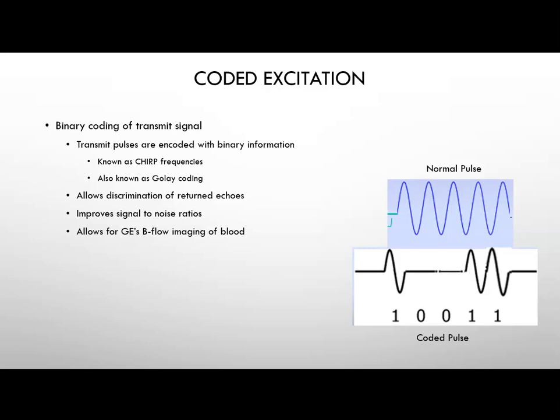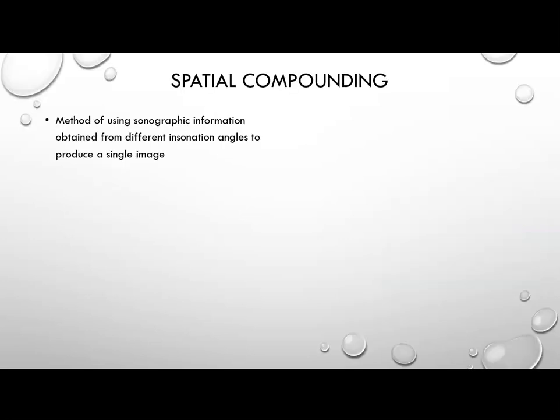Let's talk about a new technique known as spatial compounding. And so this is a method of sending multiple pulses out at different angles to obtain echoes from reflectors at different angles. So how does that look?